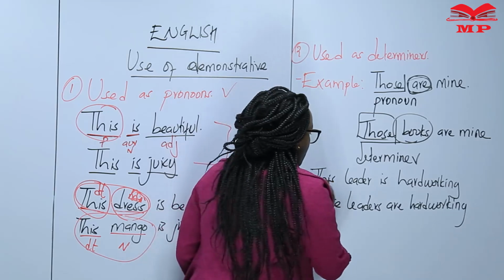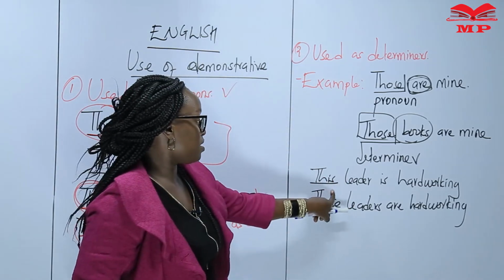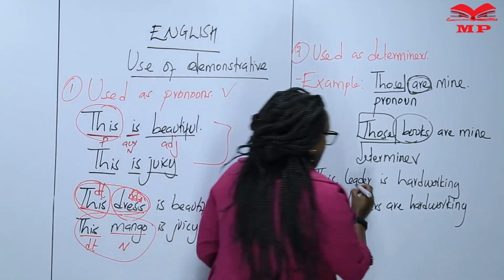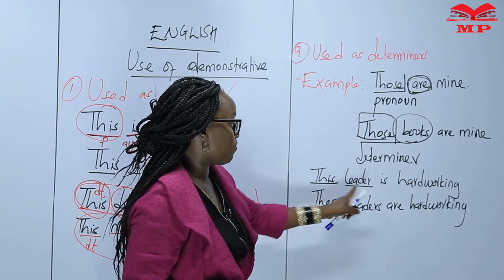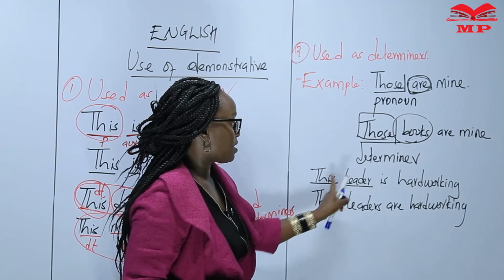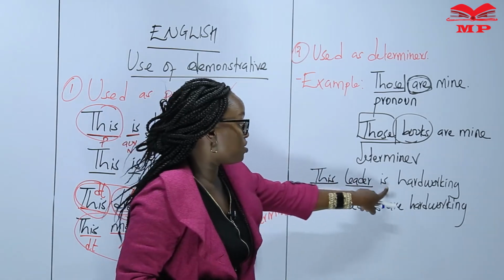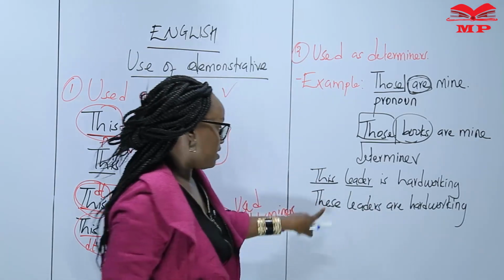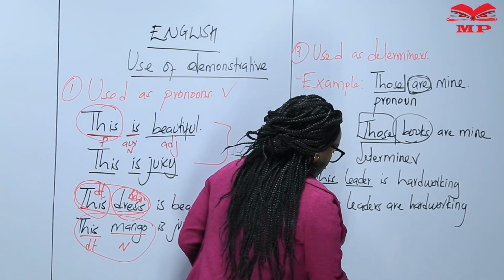If I'm using a demonstrative that is in the singular, like this one, my main noun, the noun that this demonstrative determines, which comes after it, is also in singular, and so is the verb. And the same goes for this one. This is a demonstrative and it's in plural.